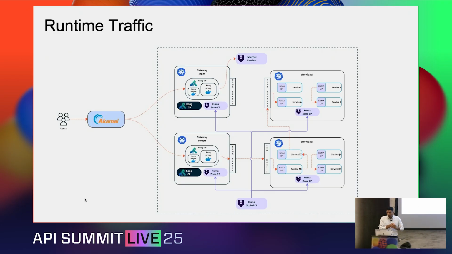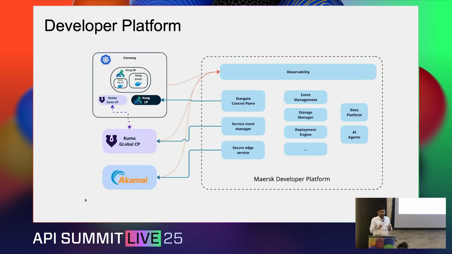Now, in order for the gateway to route to the service mesh, it needs to be service mesh aware. So we are running Kuma service mesh as a sidecar in our gateway containers. Because we are almost owning all the infrastructure, to register a service we have to take care of Akamai, the data planes, Kuma, as well as the API gateway.